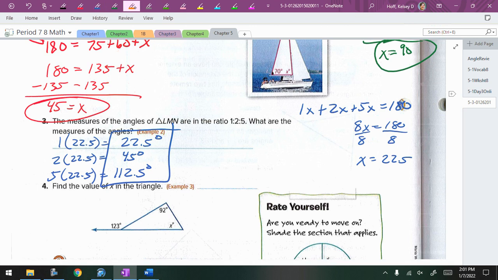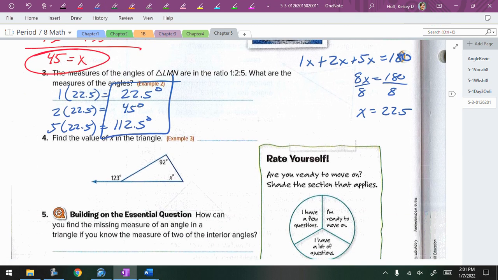All right. Who can set up number 4? I have a question. I have an answer. Will it be the same? Set it up the same as number 1. What do you guys think?